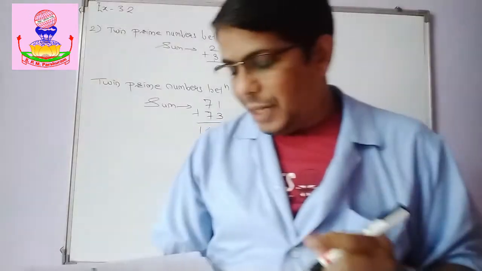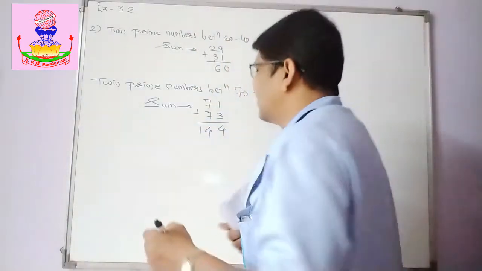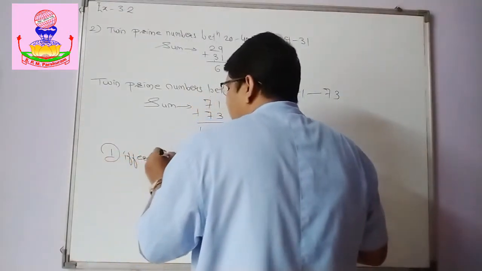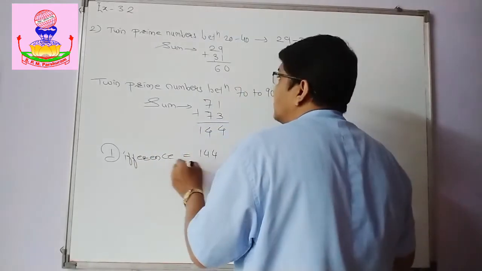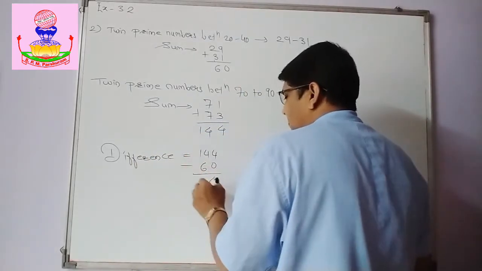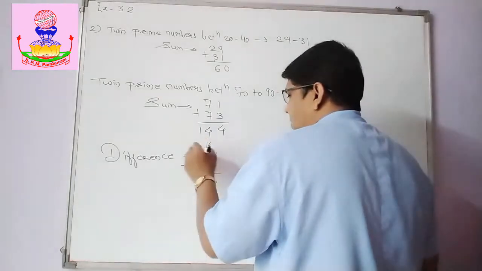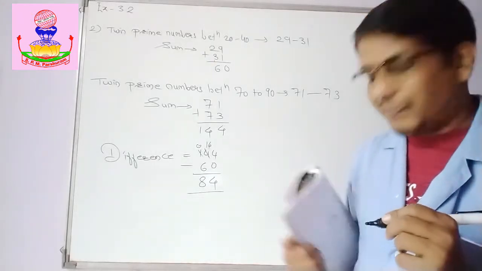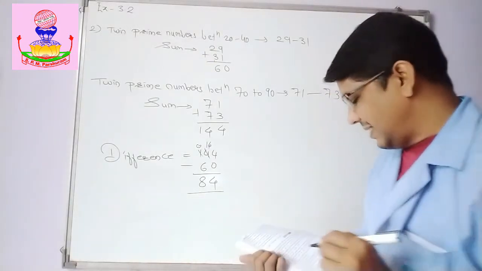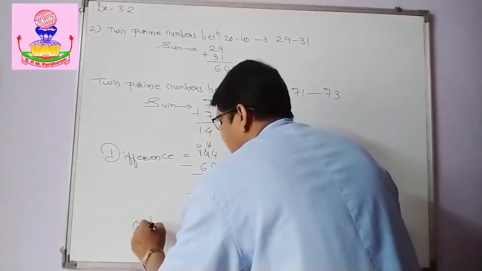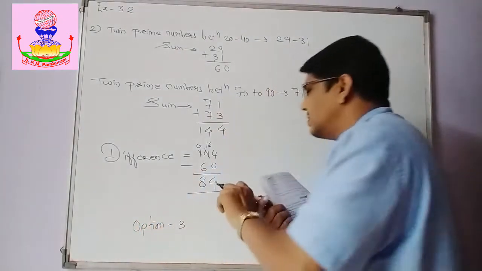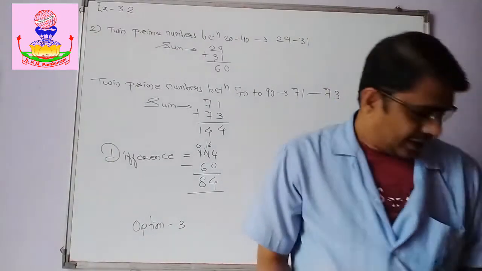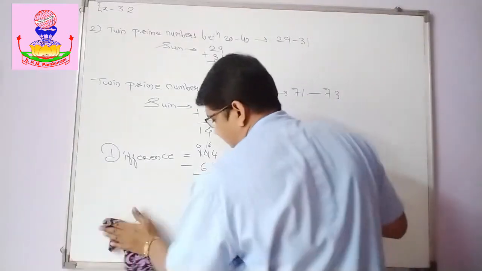Now what they say, you have to find the difference between these sums. So difference. So what is the difference? 144 minus 60. 14 minus 6 is 8. Right? So answer is 84. Now, so option number. Yes, option third. Right. Option third is the right answer. Okay. Now, then we can go to solve the next example.